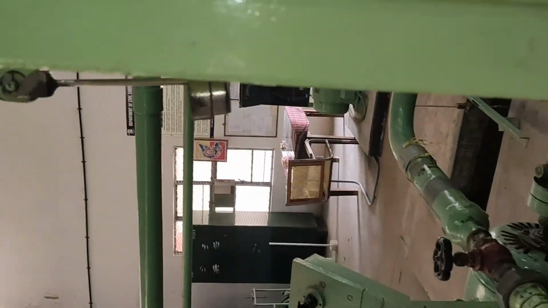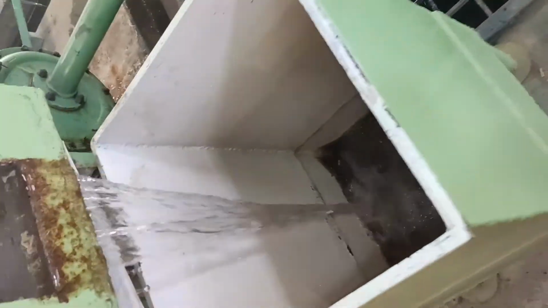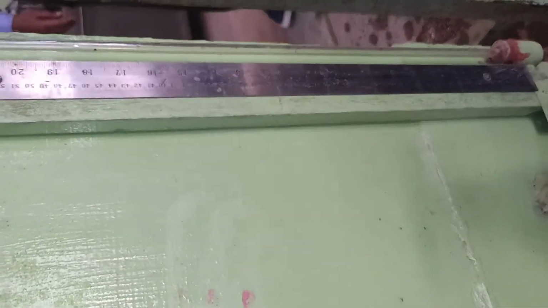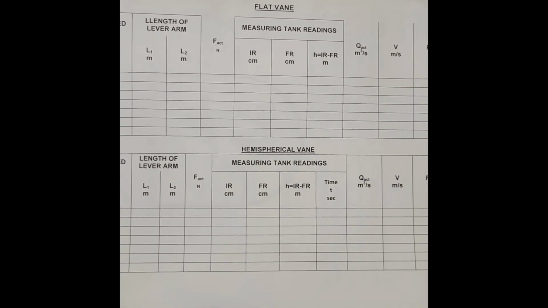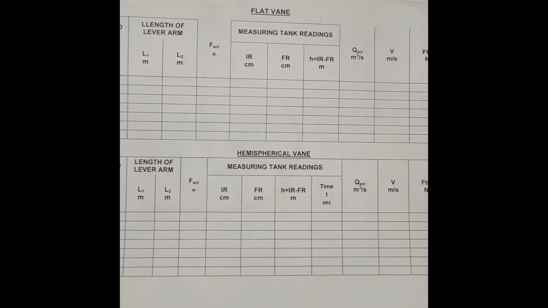Again the experiment is repeated. In the same way, the experiment is repeated for flat vane, and readings are tabulated in the given tabular column.